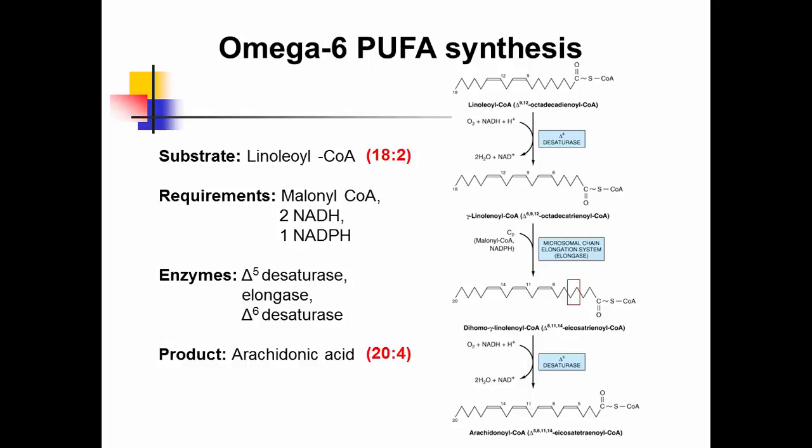So the first reaction is a desaturation. Delta 6 desaturase catalyzes the addition of a double bond at the carbon 6 position, right? So then this molecule has 3 double bonds. And then the next step is the elongation. You add 2 carbons, and the source of the carbon donor is malonyl-CoA, if you remember fatty acid synthesis, right? Malonyl-CoA serves as the carbon donor.